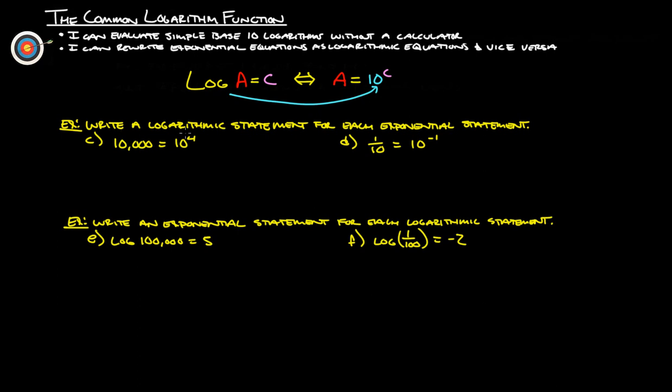So it says write a logarithmic statement for each exponential statement. So here's how I like to think of this. This 4 here, that's this number here. That wants to end up being in this spot here. So I think of this, this 4 wants to be where the 10 is. So the 4 pushes the 10 underneath over here. So it's going to equal 4.